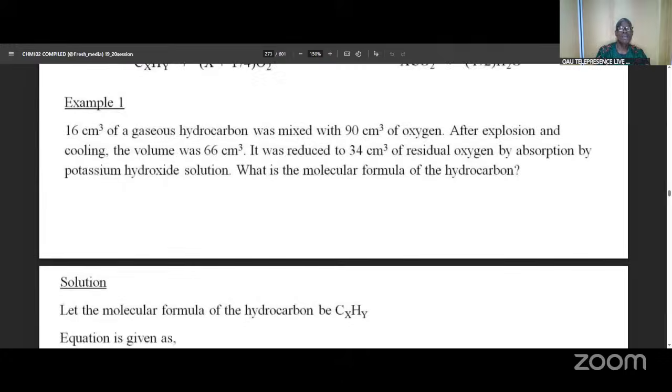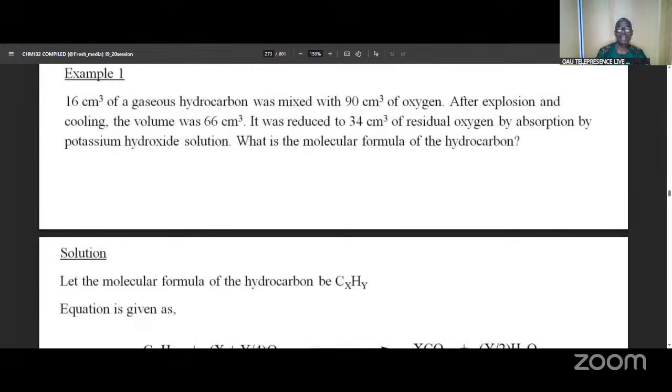Now let's look at an example to which we can subject, we want to do a quantitative analysis of this question. It says 16 cm³ of a gaseous hydrocarbon was sparked or mixed with 90 cm³ of oxygen.